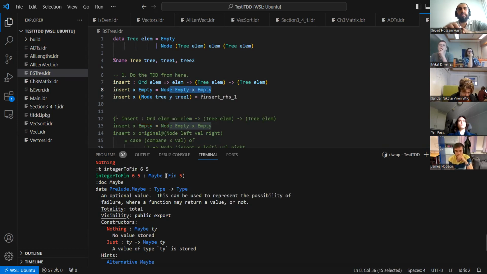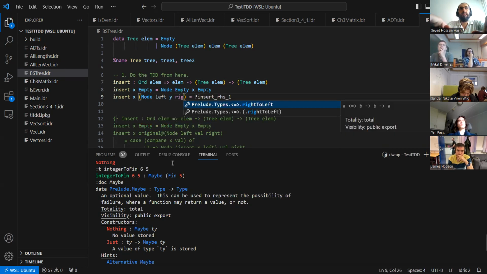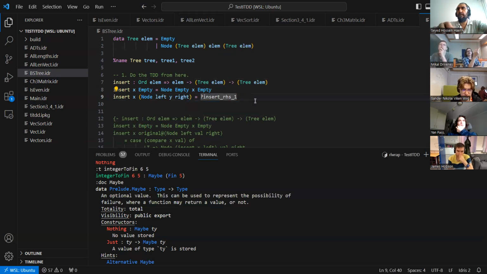Now, James, let me first of all rename these so they make more sense. Yeah, I was going to ask if there is a way to let the compiler know that if there are two trees, like in the node example, if you can name them left or right. You can name them whatever you want.